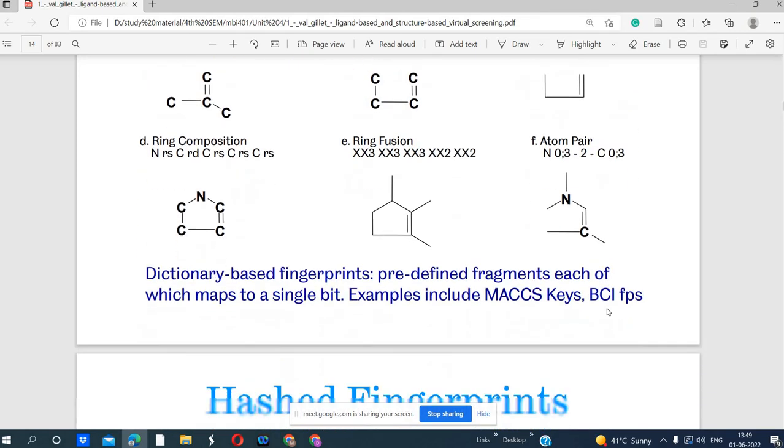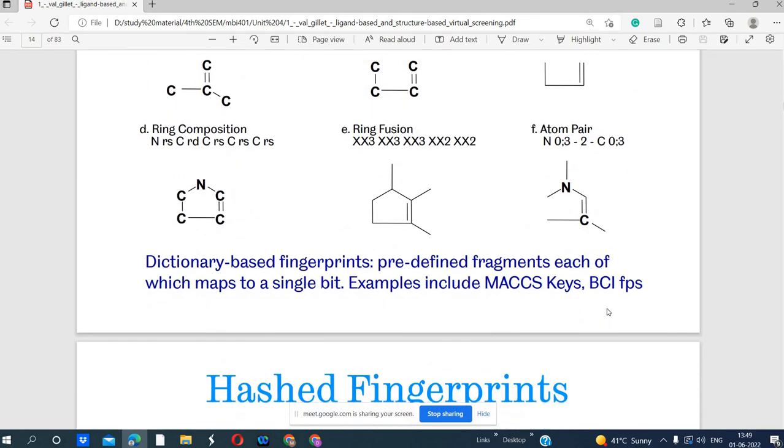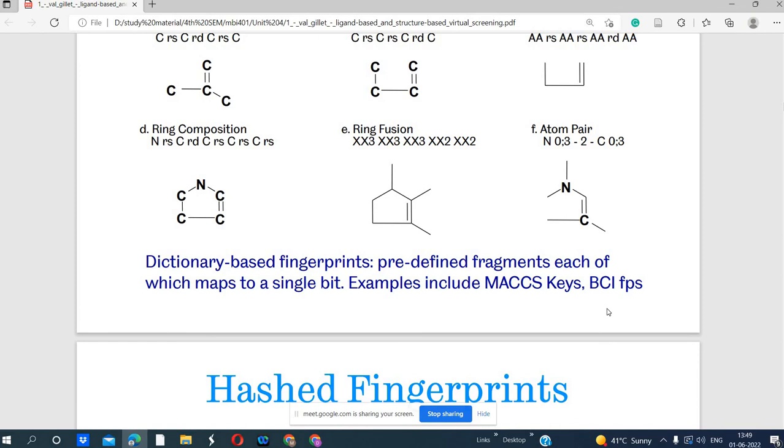These are all saved in the dictionary-based fingerprint. Dictionary-based fingerprints use predefined fragments, each of which maps to a single bit.